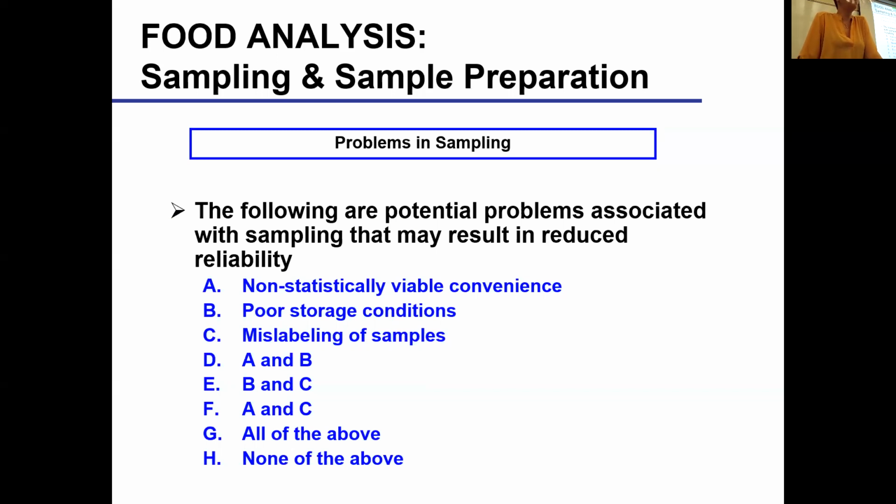That's a good answer. It's all of the above. Sometimes there's no choice and you have to do that, but there's a risk associated with it. Poor storage conditions are going to change the characteristics of your product. Mislabeling, that's a big blunder.